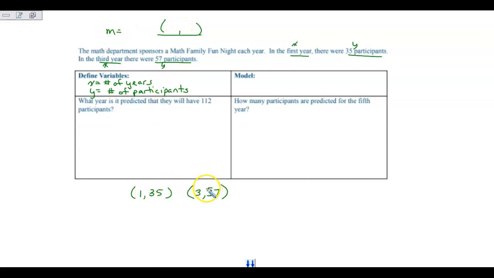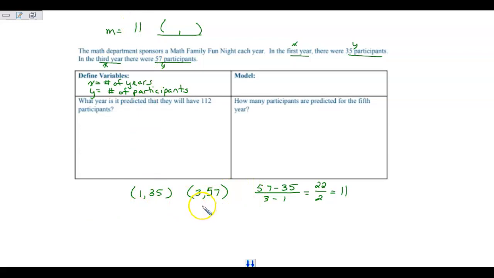I need a slope. So I'm going to use these two, and I'm going to find my slope. That's 22 divided by 2, and that's 11. So my slope is 11, and then I can pick either one of these points.